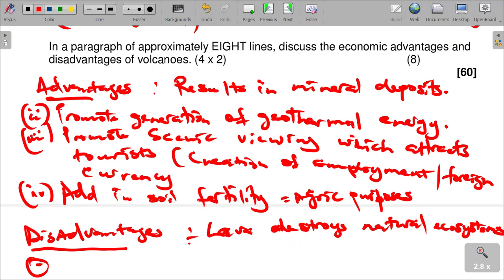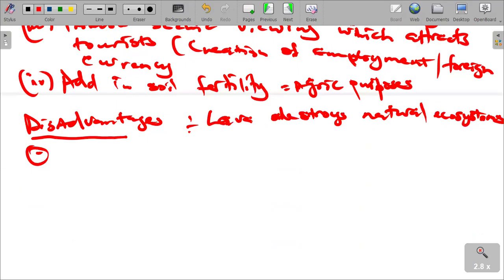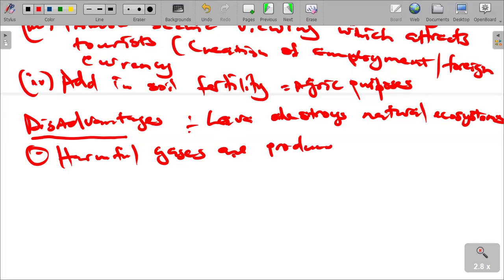So the volcanoes actually destroy ecosystems, because the molten magma which erupts to the earth's surface as lava is burning animals and vegetation. It also produces harmful gases, which can affect people and businesses.